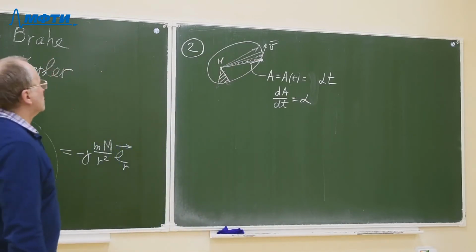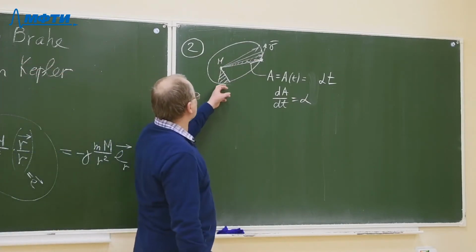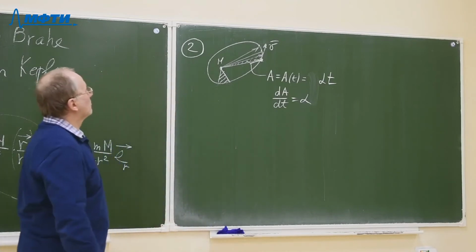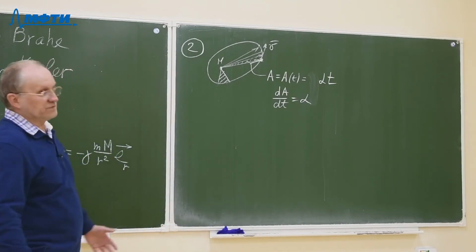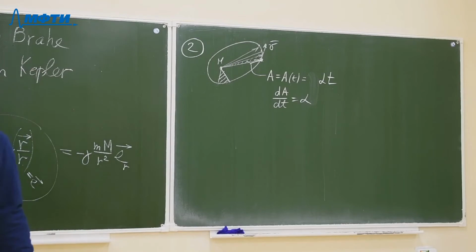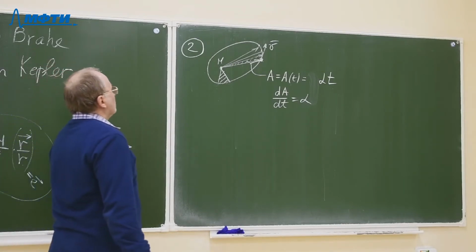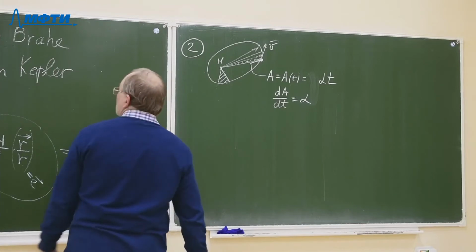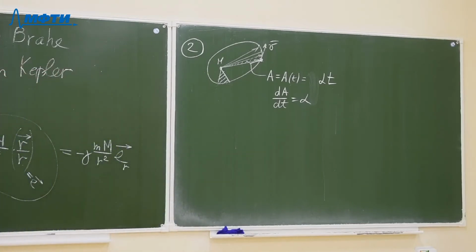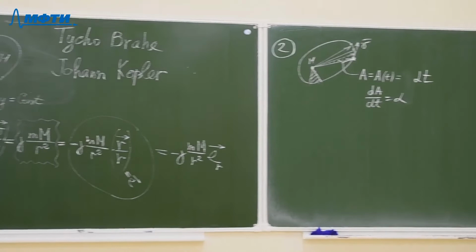In order to derive this second Kepler's law, and Newton did it, he obtained it and explained it, we must use the law of conservation of angular momentum.